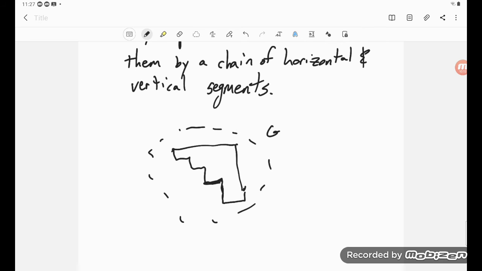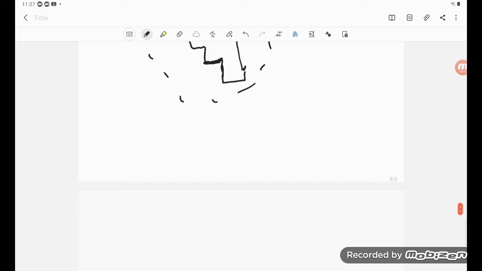Now, why does it need to be open? Well, let's take a closed one, like that.